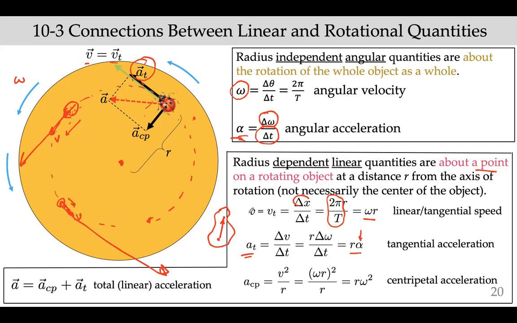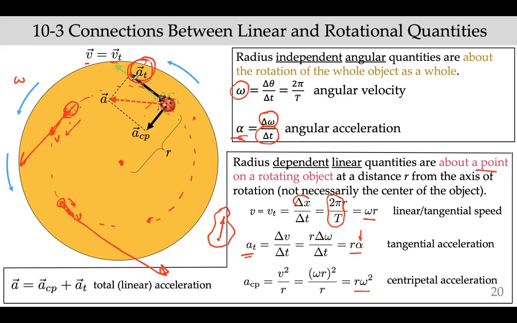So these linear quantities, the velocity or acceleration, are the quantities that this ladybug is feeling. And we can also talk about centripetal acceleration. Now look at the formula for it. It doesn't depend on angular acceleration. So even if there's constant speed, there is still centripetal acceleration. As we talked about, the tangential term depends on alpha.